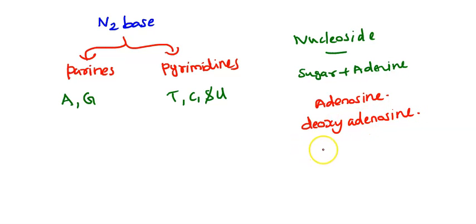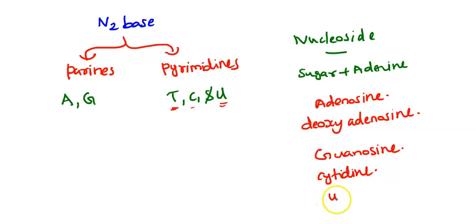Similarly, if we are taking guanine, we can call it guanosine. If you are taking thymine as nitrogen base, then we can call it, before that I am taking cytosine, then we can call it cytidine. Okay, then if you are taking uracil, we can call it uridine.